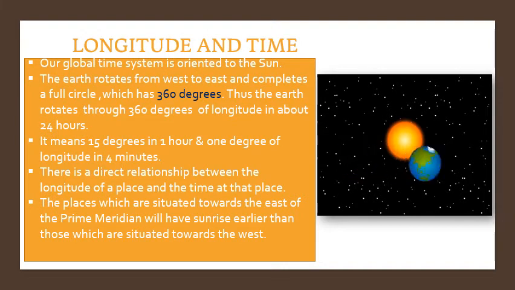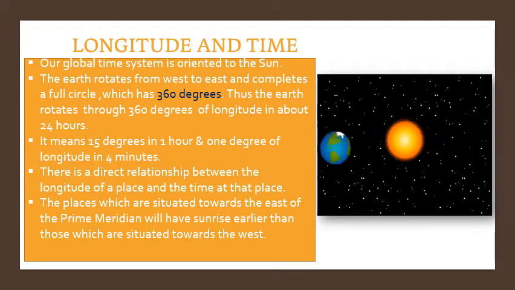As the Earth rotates from west to east, the places which are situated towards the east of the prime meridian will have sunrise earlier than those which are situated towards the west.